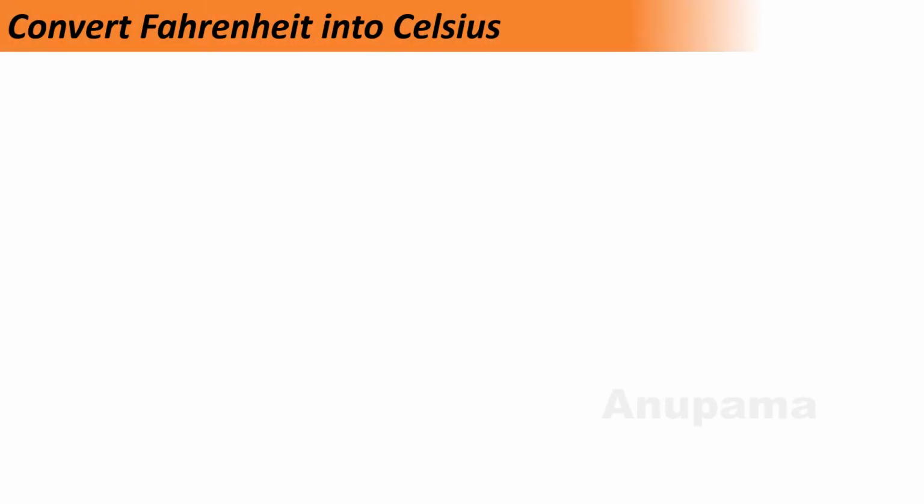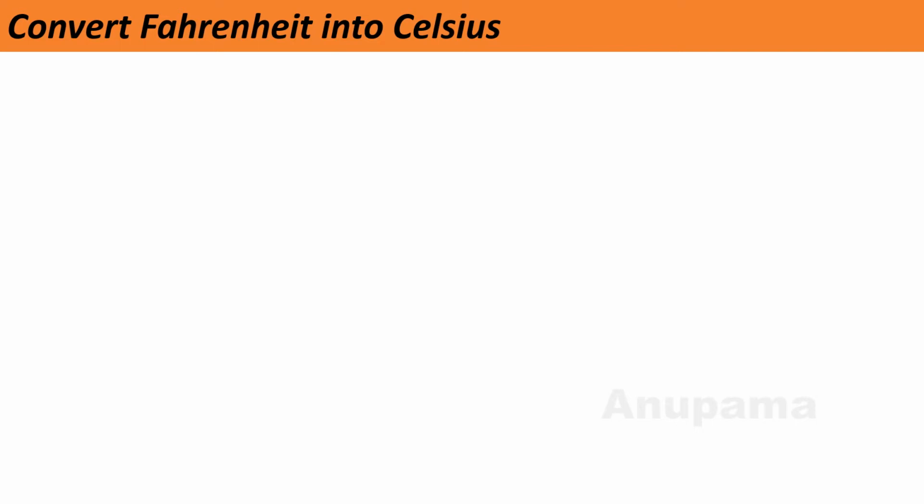In this section, we will understand how to convert Fahrenheit into Celsius and Celsius into Fahrenheit. At first, let us understand how to convert temperature which is given in Fahrenheit into Celsius. It is very easy.